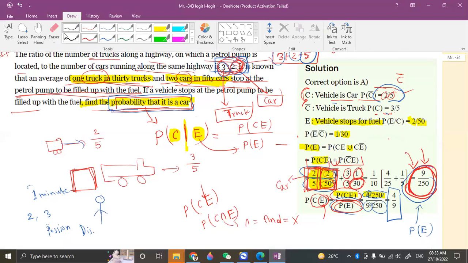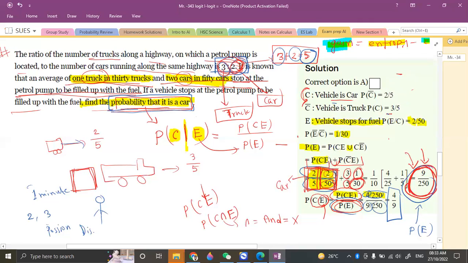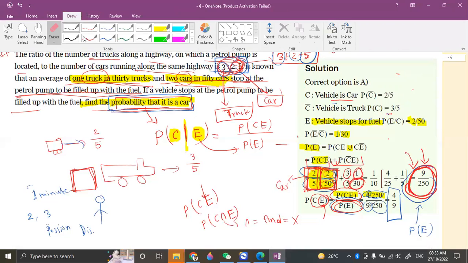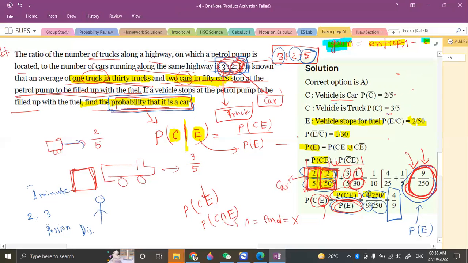Okay, let me erase. This is the union of the probability that the vehicle is a car times the car needs fuel, and then plus the probability that the vehicle is a truck times the truck needs fuel. We just calculated it here in this line.